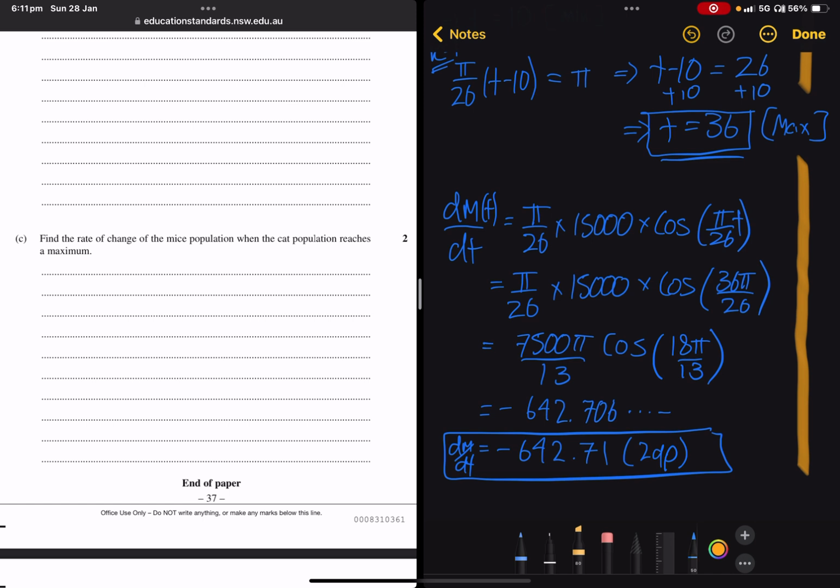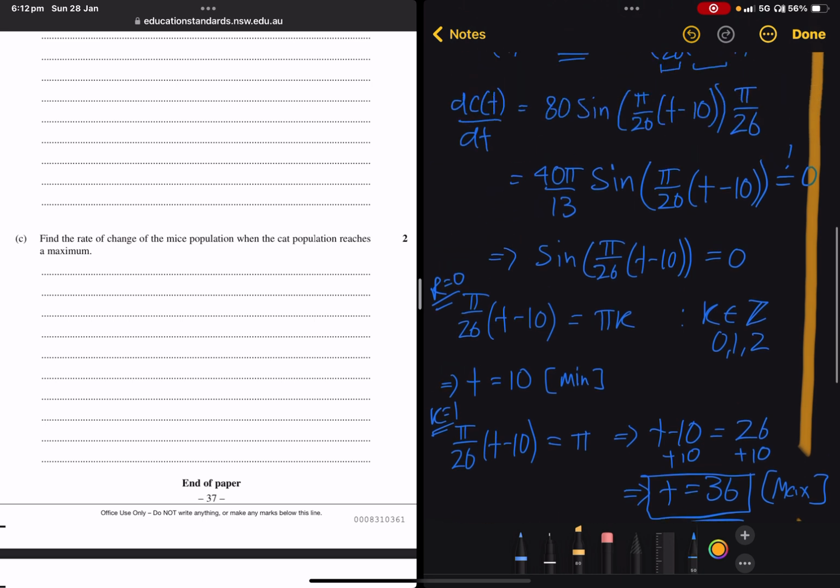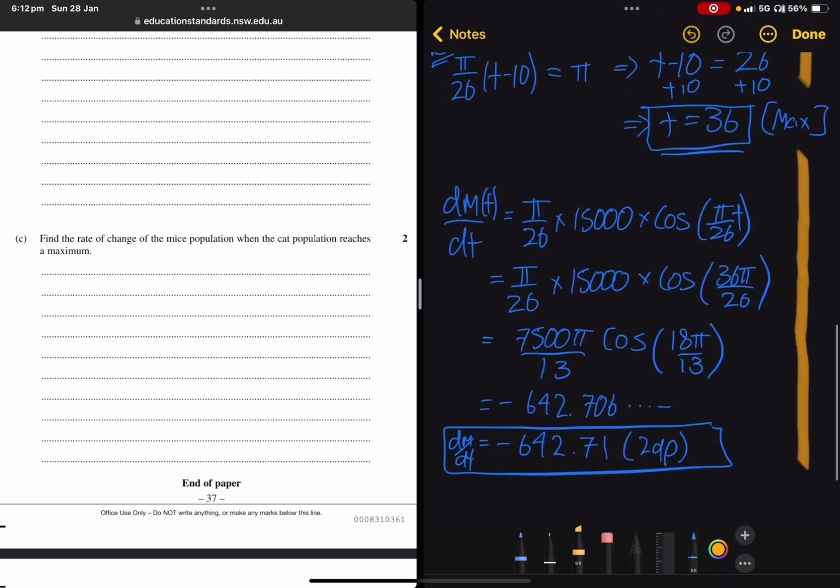If you did use the graph and you measured the tangents or stuff like that, it's in theory possible that you get a number like this. It's just too precise of a number to really be getting properly, especially because the graph is not going to be perfect. But certainly the working will look something like this. You're taking multiple derivatives, you're solving some of them under certain conditions, and then simplifying them and getting to a particular solution. So this is the answer that we're after, and this is what the marking looked like.